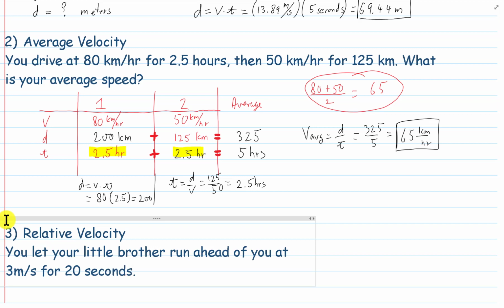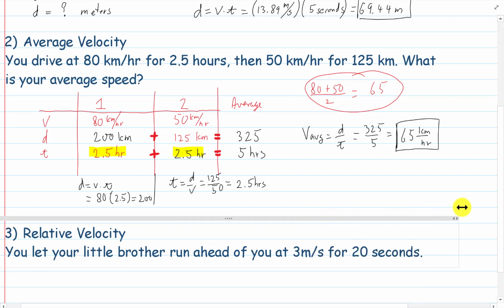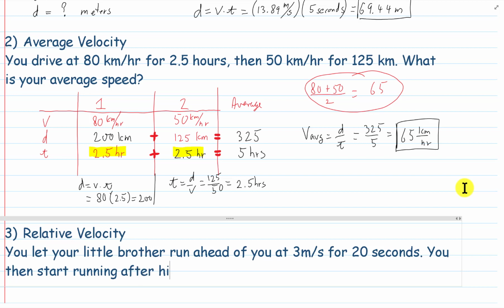So you let your little brother run ahead of you for 20 seconds, and he runs at 3 meters per second. You then start running after him at 5 meters per second. How far do you have to run to catch him?